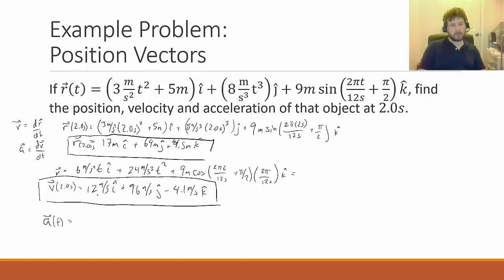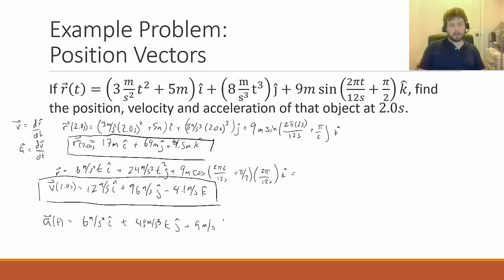Now the acceleration as a function of time, I can just go through the same thing, taking the derivative of each of the components. When I have a constant like that, I just get 6 meters per second squared times I hat, because the t goes away, plus I bring down the 2, and I get 48 meters per second cubed times the time, j hat. Oops, I was missing a j hat here. Plus 9 meters per second.